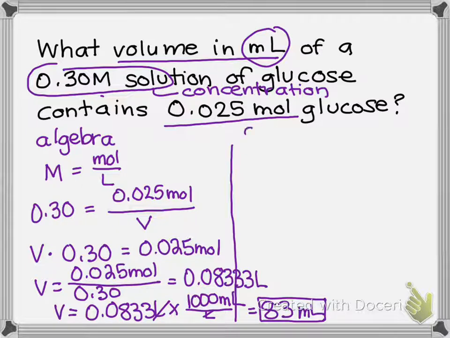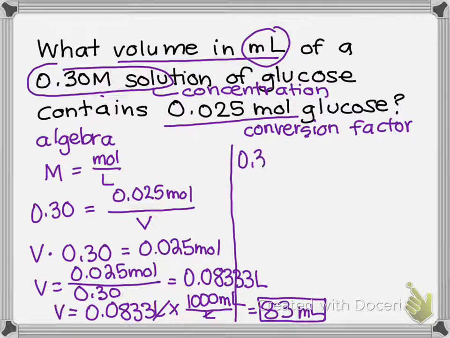Now the other way is to use molarity as a conversion factor. Molarity is telling me how many moles there are per liter.